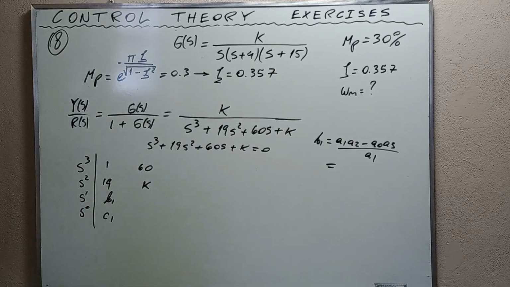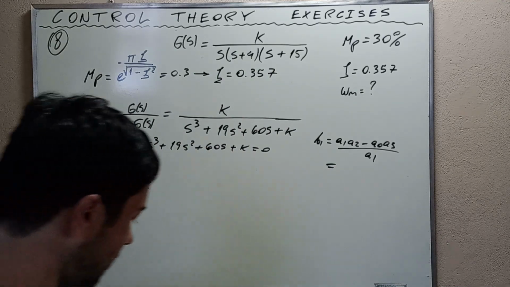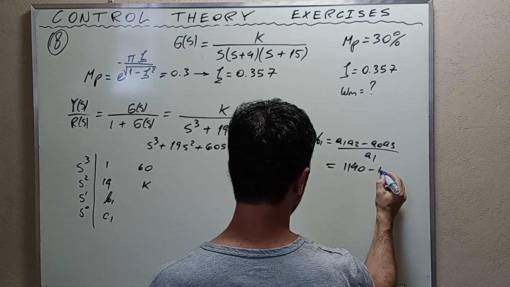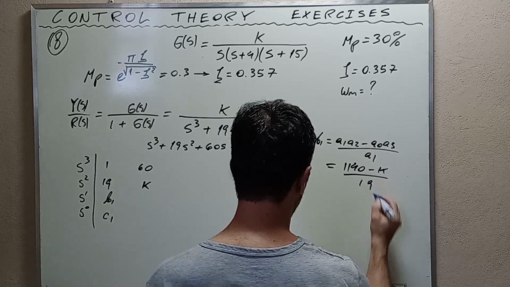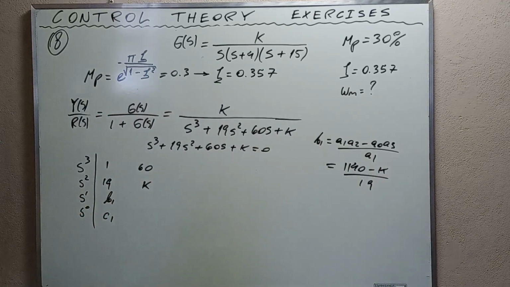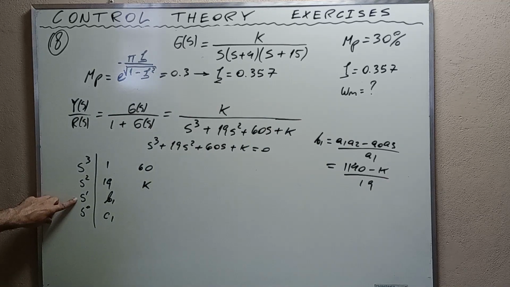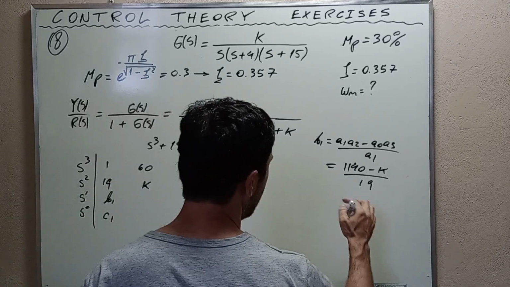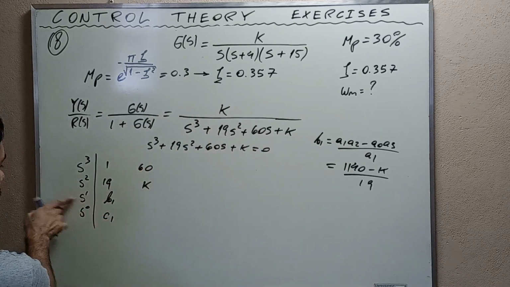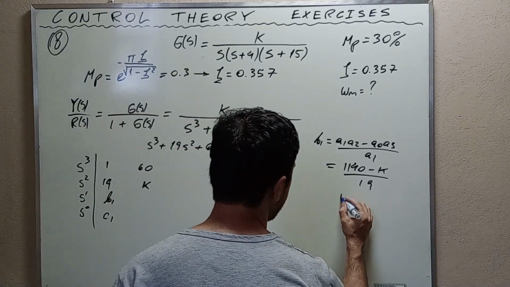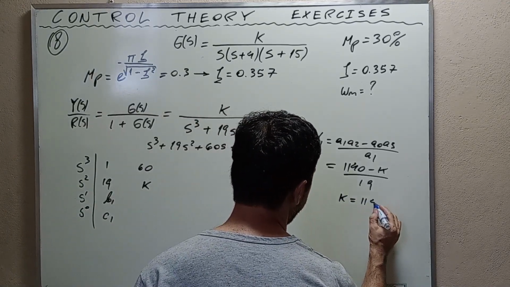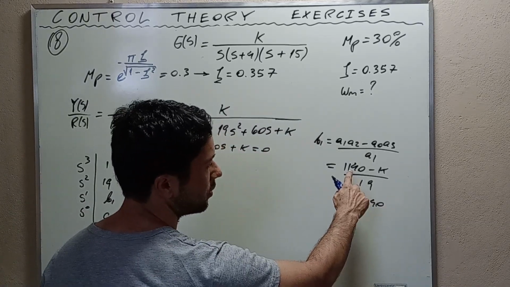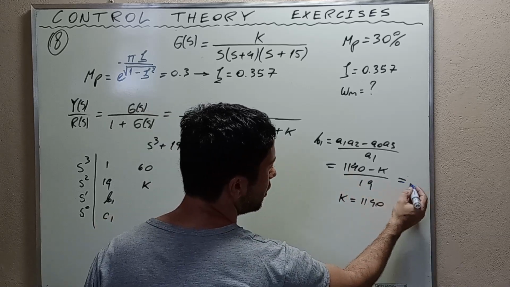Try yourself, do it yourself, and you're going to find that it is equal to 1140 minus K divided by 19. By making the s1 row equal to 0, we find that K is equal to 1140. If I put 1140 here, this becomes 0, okay?